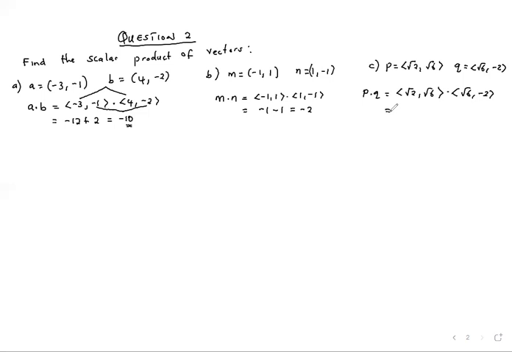So √2 times √6 we get √12. And then √6 times -2 you get -2. So that's what we get from there. Not complicated.